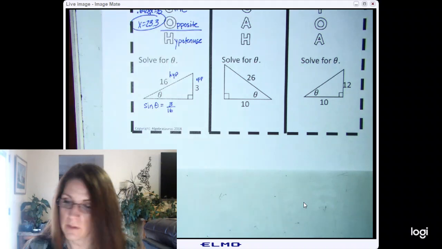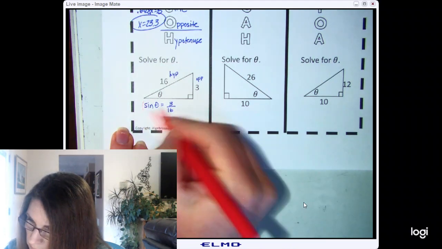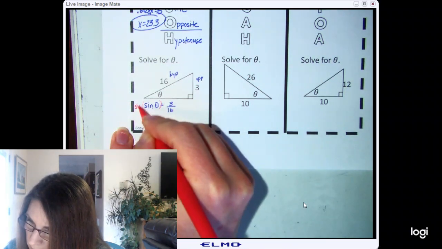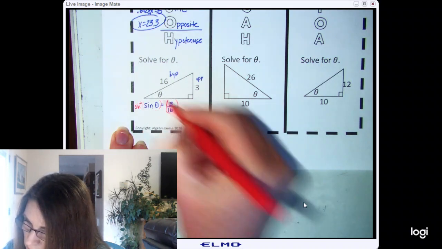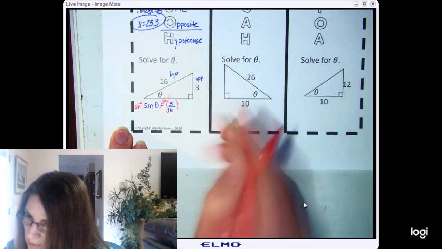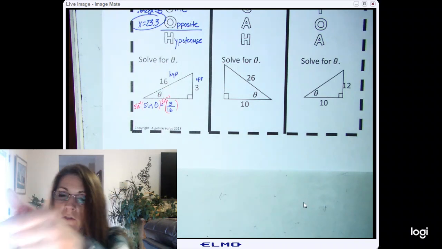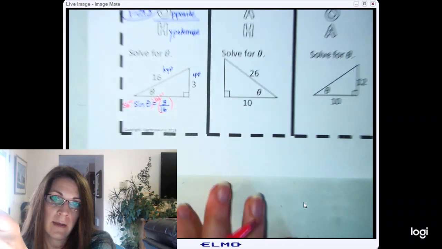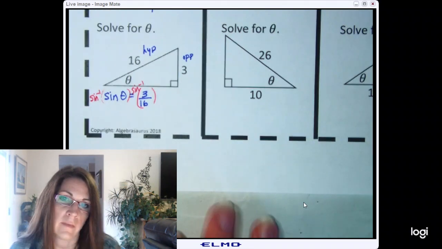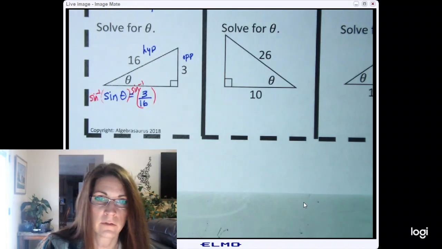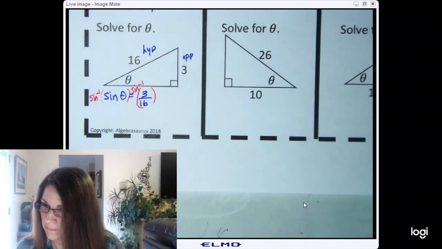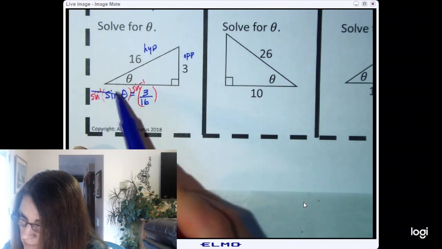So the inverse function that we use, you'll hear some teachers call that inverse sine. You'll hear some teachers call that arc sine. And I tend to go back and forth, and they mean the same thing, so don't freak out if I say one or the other. It will cancel on this side, leaving theta.